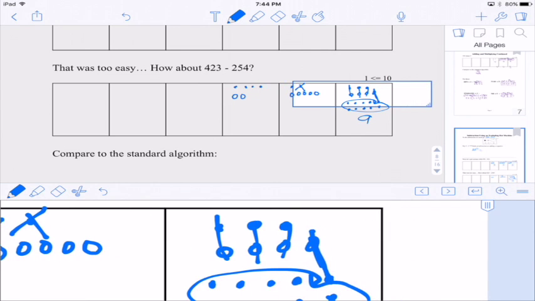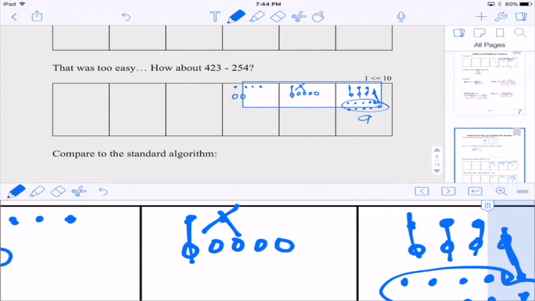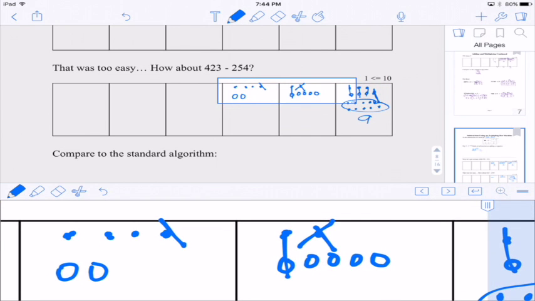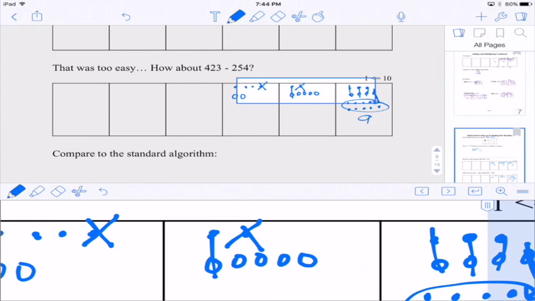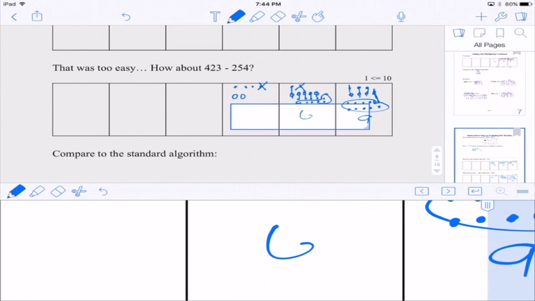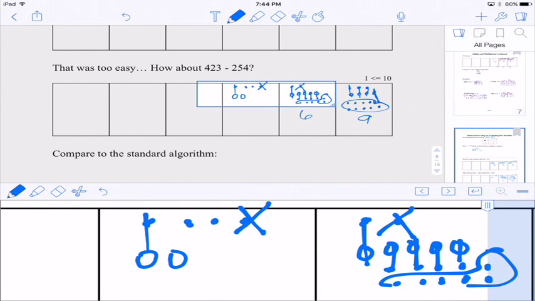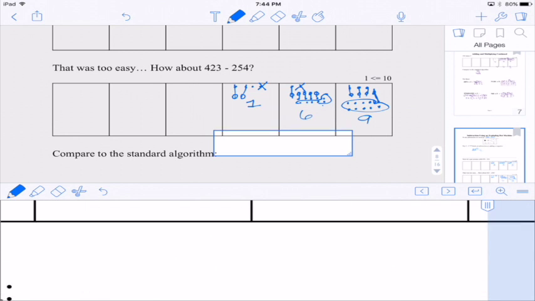Over here, we can do our cancellation. We're going to need to unexplode another dot from this column, and the same thing, it comes out to 10. And now we can do our anti-dot cancellations, and we're left with 6. Now over here, we have cancel, cancel, we're left with 1. So our answer is 169.